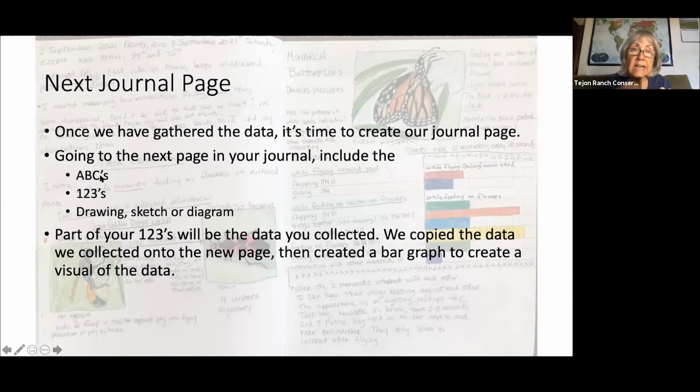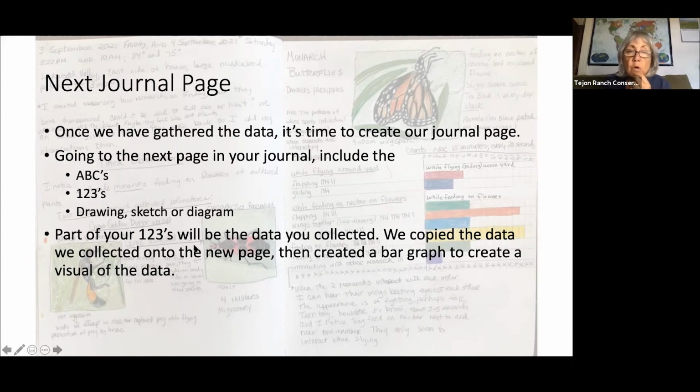The ABCs: I notice, I wonder, this reminds me of, and when you're doing I wonder, you're going to come up with hypotheses. So I could talk about, I notice them interacting. Could it be that they are being territorial? And then I could try and answer those, maybe, perhaps. So that's what the ABCs are, and then the drawing, sketch, or diagram.